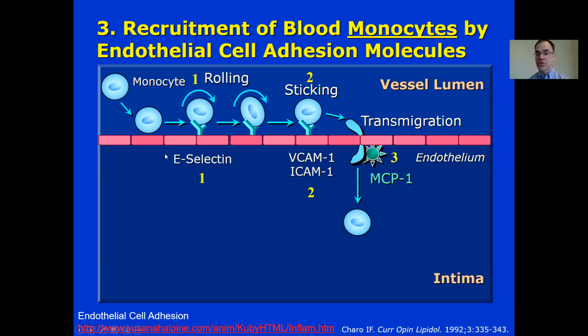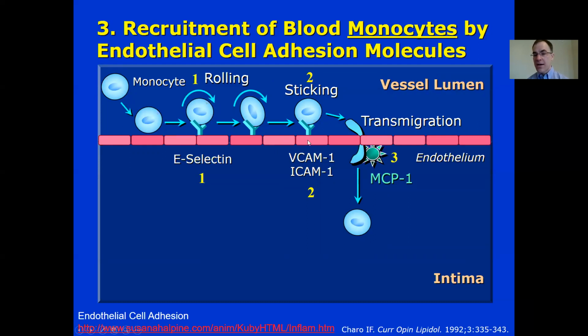Well, there are two proteins that are going to be upregulated in a disease state. The first is called E-selectin, which is again made by the endothelial layer. Its role is to cause rolling of the monocyte. So instead of having that monocyte bounce back and forth, this E-selectin will help cause that monocyte to start rolling along the endothelial layer.